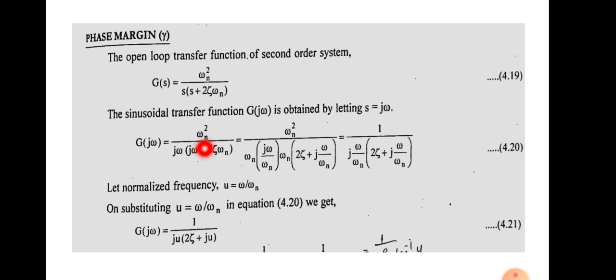omega_n square divided by j omega into (j omega plus 2 epsilon omega_n).